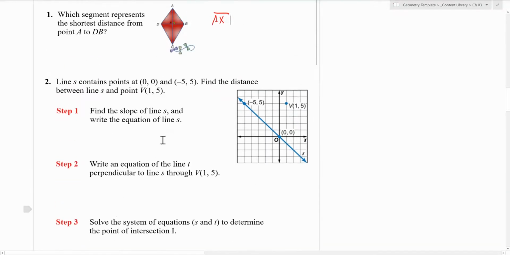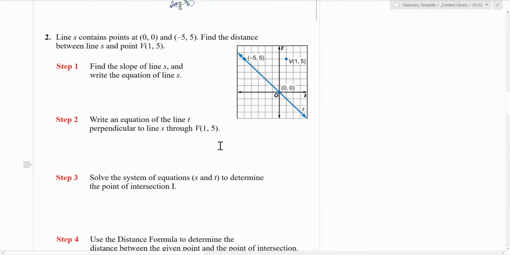Now, number 2. Oh yeah, this is pretty involved, guys. You ready? Okay. Line S contains points (0, 0) and (-5, 5). Find the distance between line S and point V, which is (1, -5). So the distance is the perpendicular distance, okay?